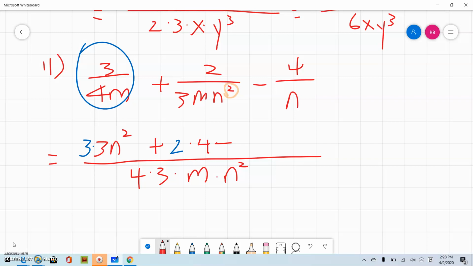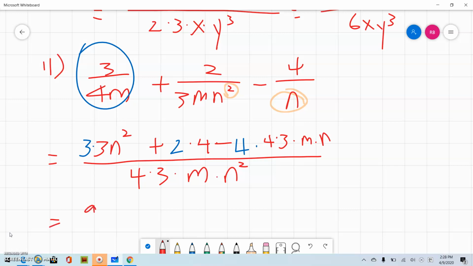And then the last one, it had 4, but then it's missing a lot of stuff, right? It's missing 4. So guys, do you see I'm looking at only the denominator? It doesn't matter what the numerator already had. It doesn't matter. I'm only looking at the denominator and what it's missing. It's missing all the numbers and m and 1n because it's n squared and I only had n in my fraction.